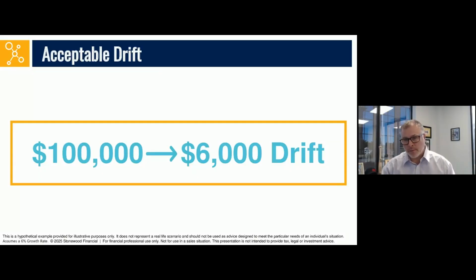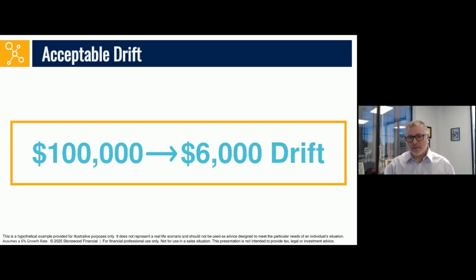This is purely from a break-even perspective. You have $100,000 worth of IRAs that we're considering this year. In general, about $6,000 of drift. I hate to use the word acceptable, but to me, I'm still willing to take that so that I can overcome and hedge against the rising tax risk.